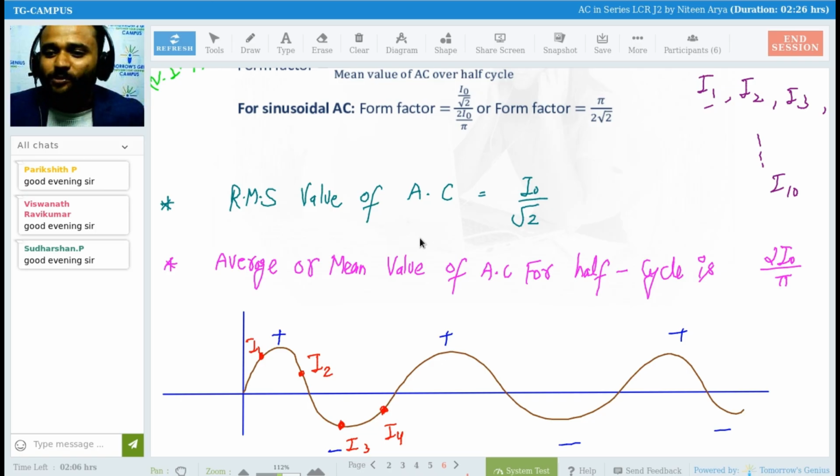Got it? Suppose the engineers and physicists didn't find this, then every month you would get 0, because at the end the average value is 0. But it is not. You use that alternating current in your home. You run all the appliances right now.